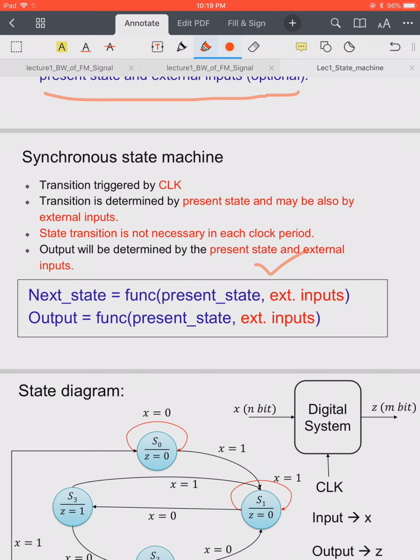The output will be a function of the present state and/or external inputs, but again the external inputs are optional, because a finite state machine always has a predefined finite number of states. We'll discuss more. So let's go to the next slide.